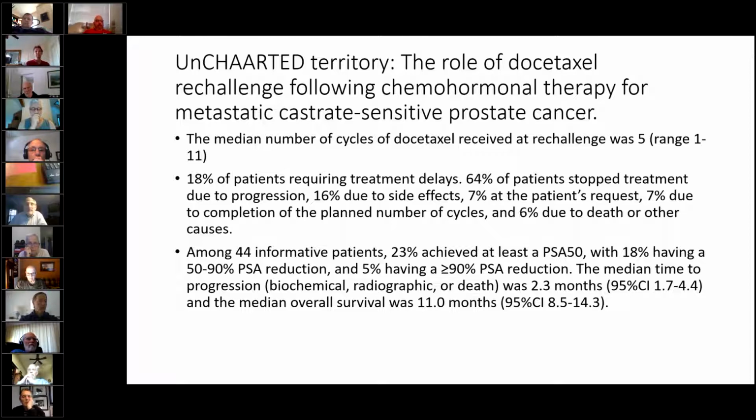So we'll see how it goes the next round. Right. We've got 23% achieved at least PSA 50. Well, you got PSA 50, right, Ken, from the original number? Yeah, right now I'm sitting at 72%. Well, you're up there in the 18%, having a 50 to 90% reduction.